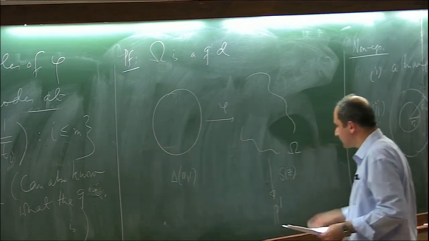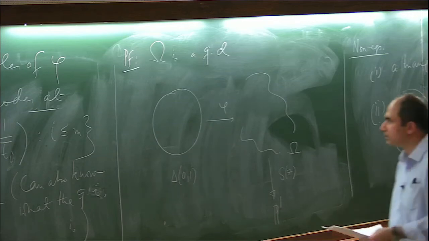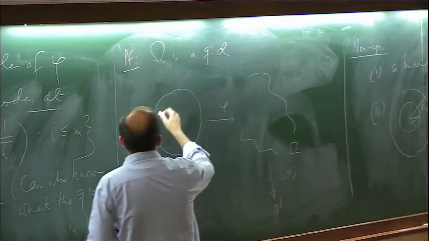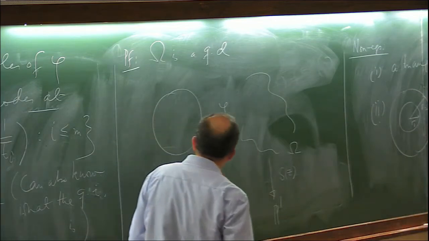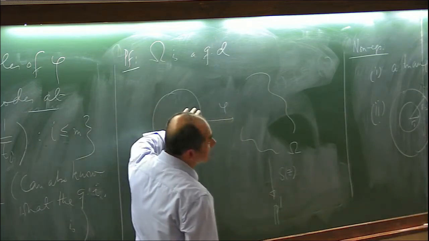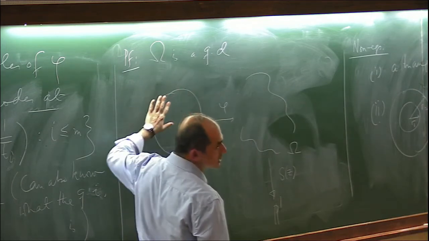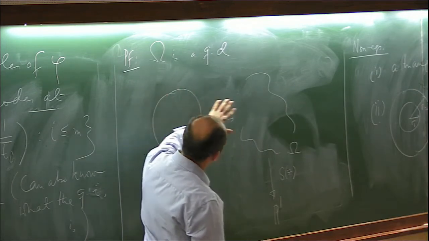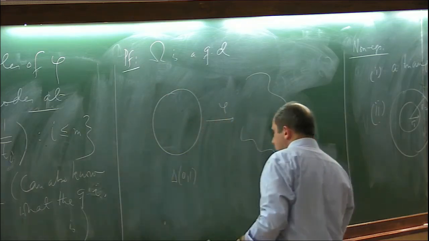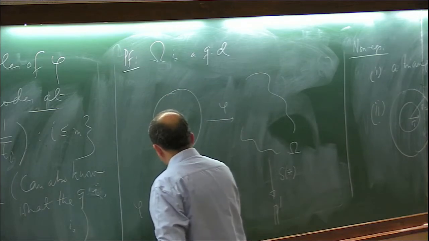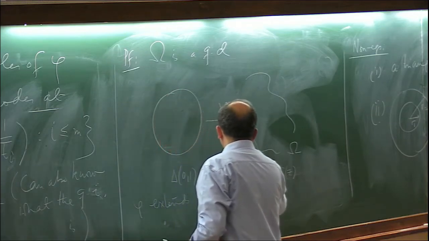This takes values in P1, the holomorphic map. We also know that the boundary is real algebraic. And therefore, by the classical Caratheodory theorem, this Riemann map actually extends continuously to the closure here. It takes the boundary to the boundary. So phi extends continuously to S1.